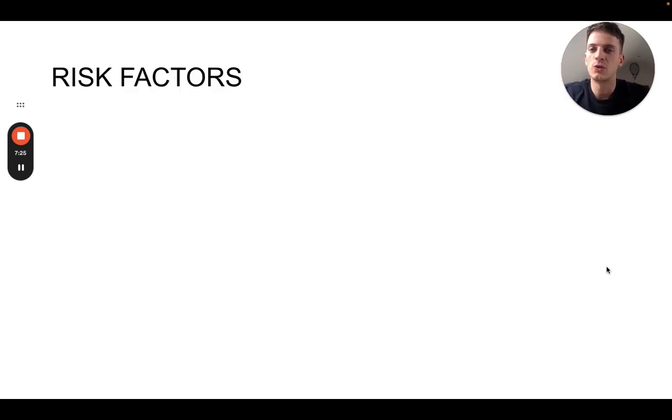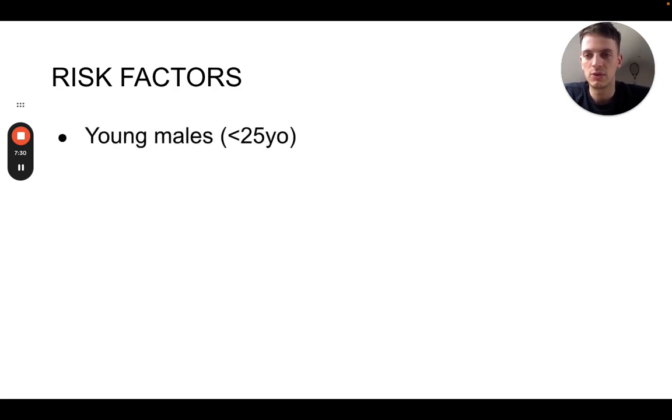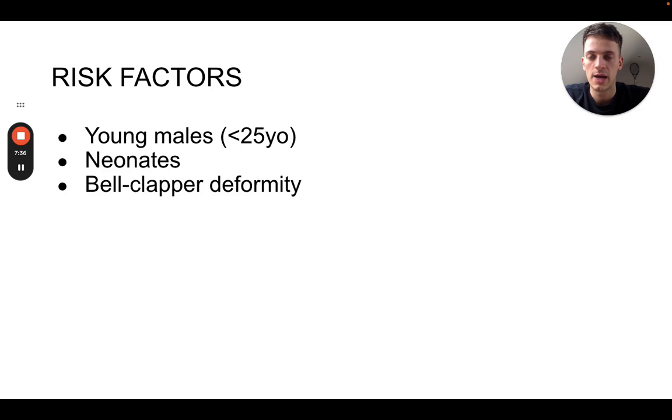Some risk factors for torsion. There were a few in this case, but essentially young male. So if you're young, you're at more risk of it. Neonates are at more risk of it. Having a bell clapper deformity, which is essentially where the testicle hangs more freely in the scrotum, giving it more space to twist on its axis, and that's because there's no attachment of the gubernaculum to the scrotal surface, giving it free rein to move and twist, essentially.